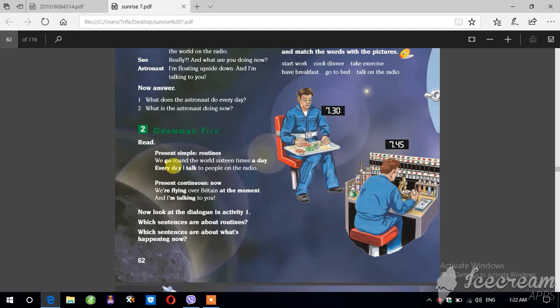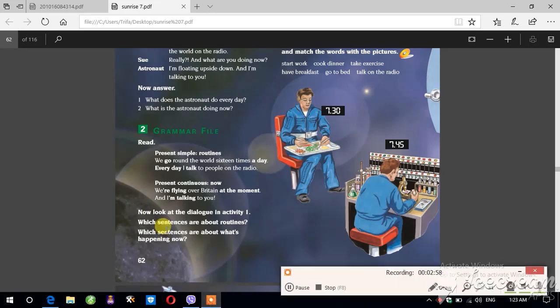Every day means we talk about the things that we do in our life. Every day doesn't mean now, doesn't mean continuous. Means the things that will be routine in our life. It is called present simple.